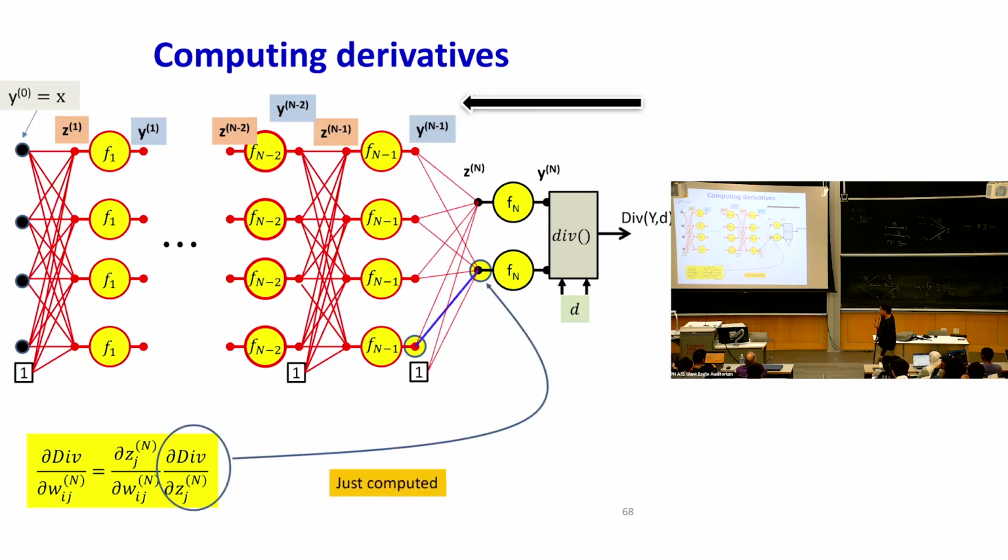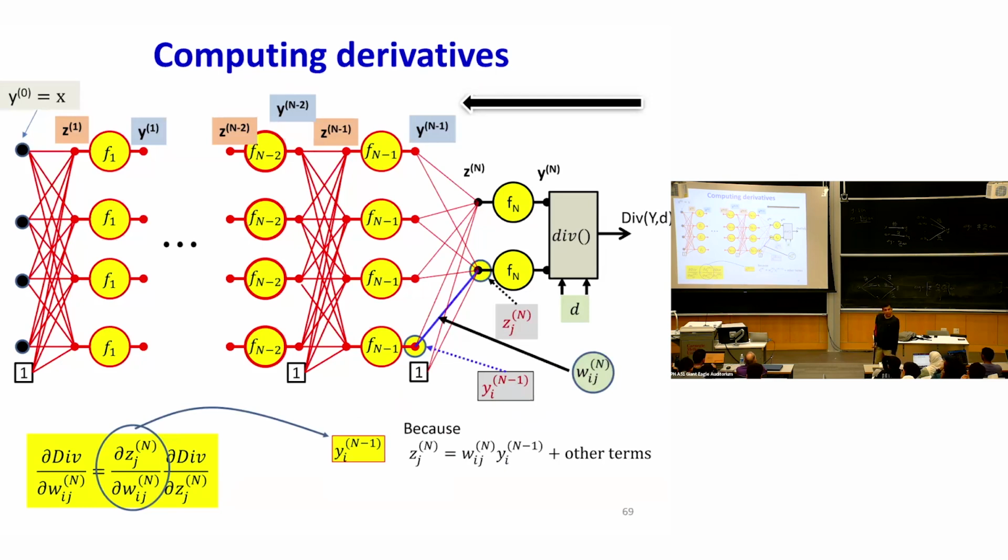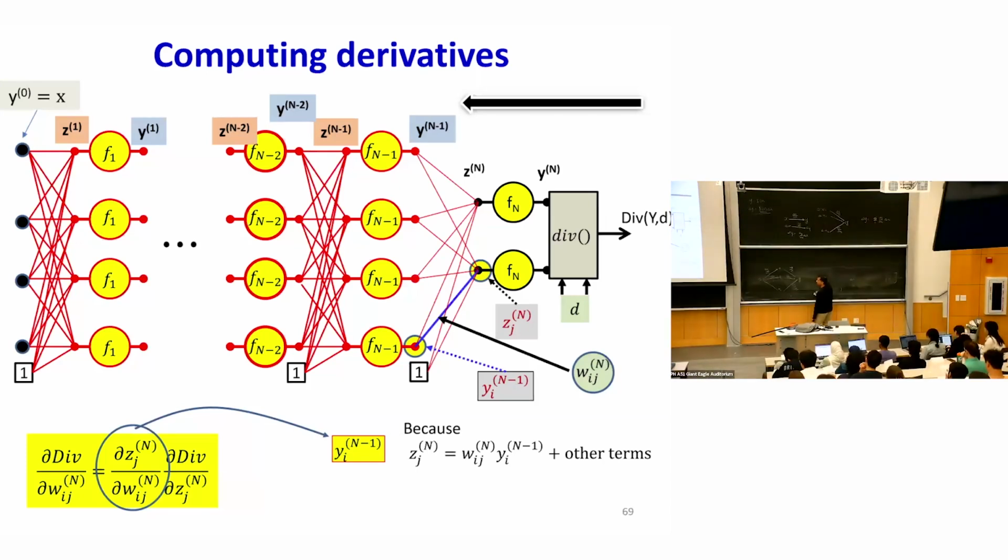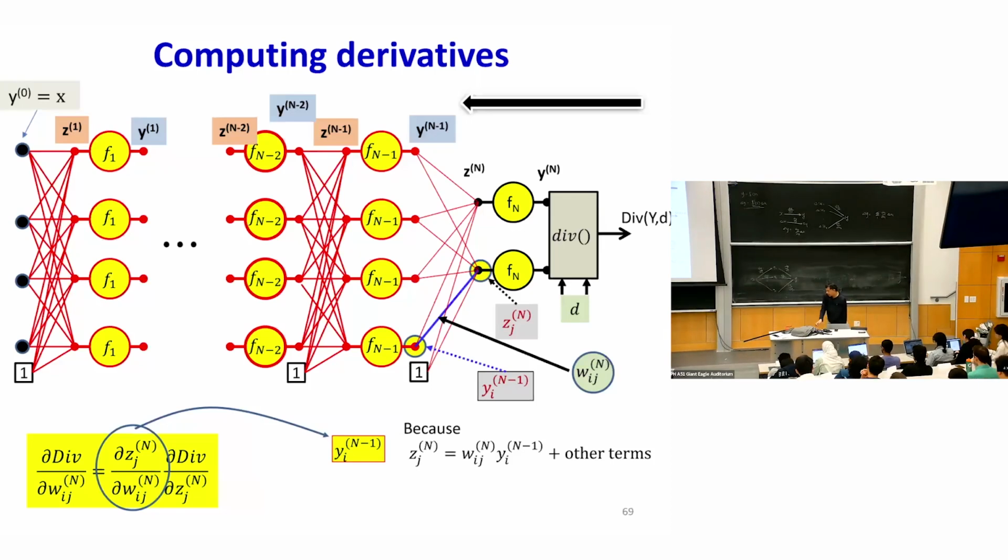So the only thing that remains is this one. What is the derivative of z with respect to wij? Now z is an affine value, and in this case I'm calling that zj, right?